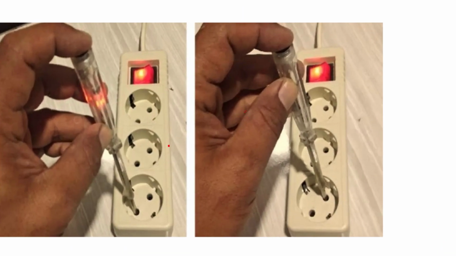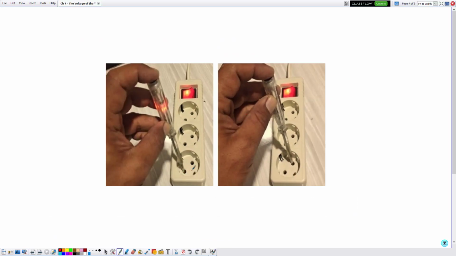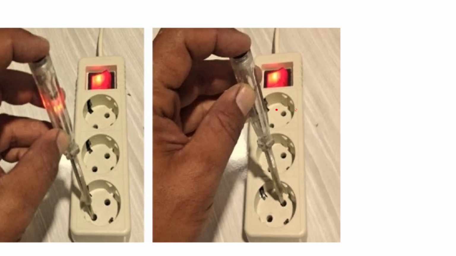When the screwdriver is inserted in the live terminal, because it delivers the electricity, inside this screwdriver there is a lamp, and notice that in this case the lamp is functioning, it's glowing, which means that this is the live terminal, the one responsible for the electricity. Now when we place the screwdriver in the other terminal, corresponding to the neutral, notice that the lamp in this case doesn't glow.